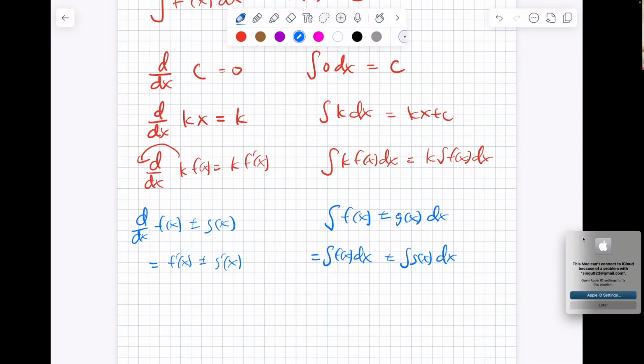This is a very simple idea: if you take a derivative of two separate terms, you take a derivative of each individual term. If you integrate two separate terms, you take an integral of each separate term as well. Yes? No prime on the other side. No.